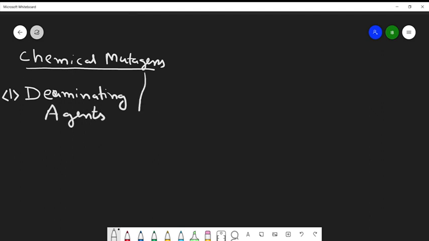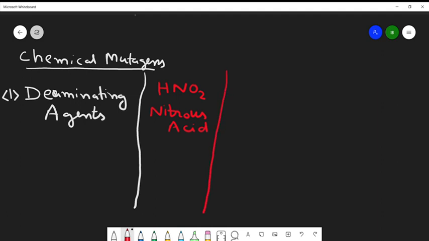One of the deaminating agents that acts as a chemical mutagen is HNO2 or nitrous acid. Nitrous acid is a chemical mutagen. What it does is, let us write down what type of damage it causes in our DNA.